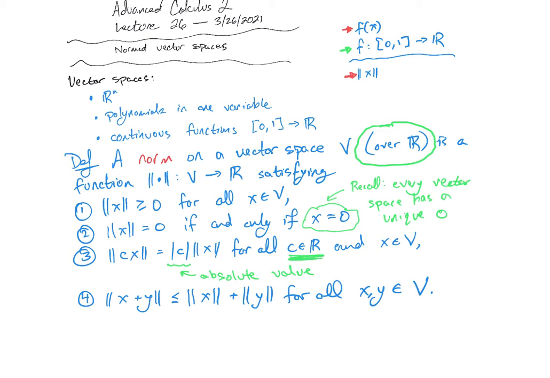Okay, are there any questions on norms of vector spaces? So this sort of works like a metric, but only from 0. Like you're always evaluating your metric compared to 0.